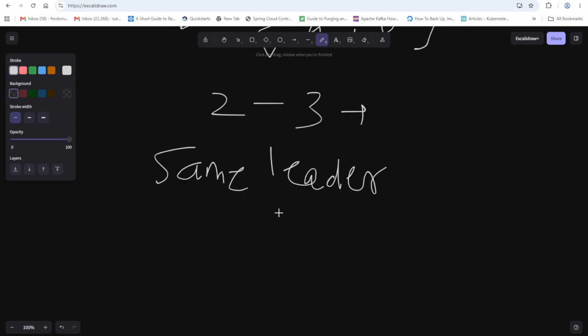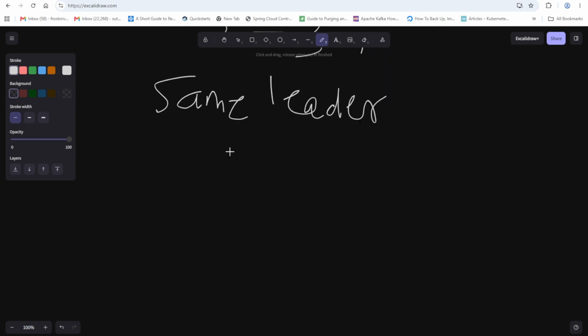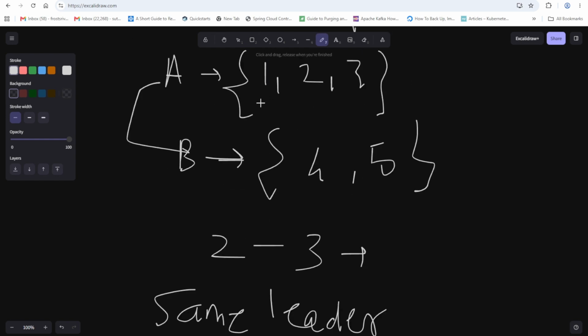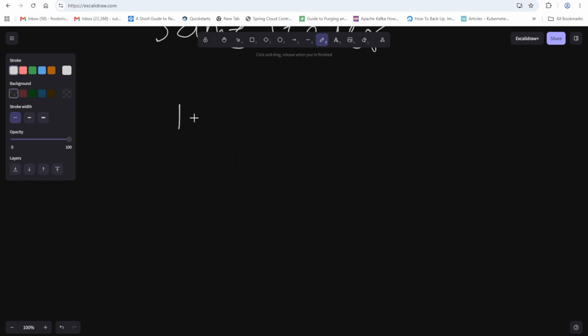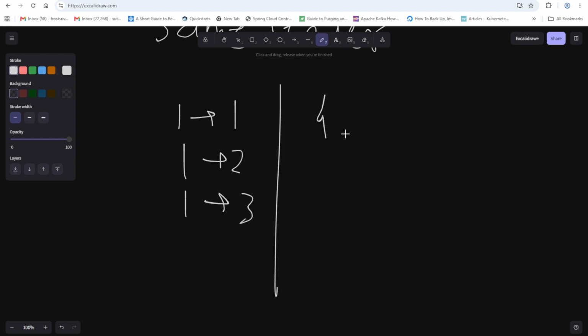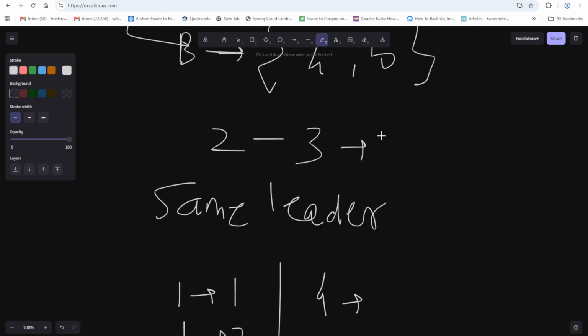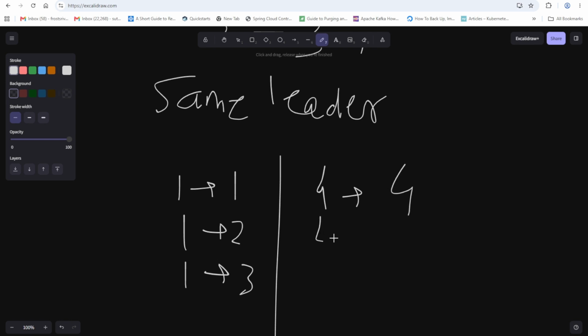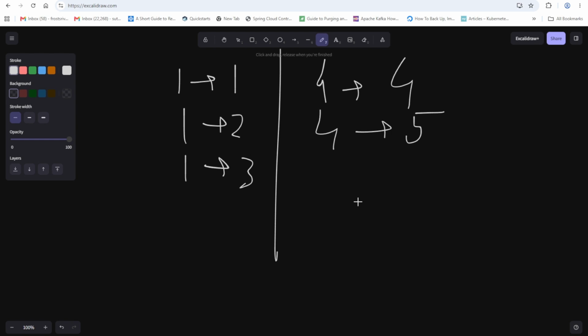Now suppose in the previous approach, we make 1 the leader for this group, so 1 is the leader for 1, 2, and 3. And similarly here, we make 4 the leader for 4 and 5 also. Then again, if their leaders are the same, they belong to the same group.